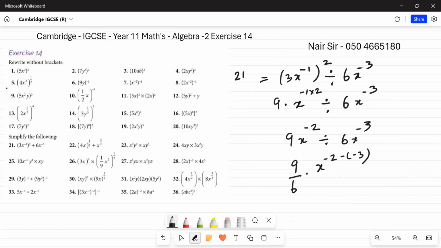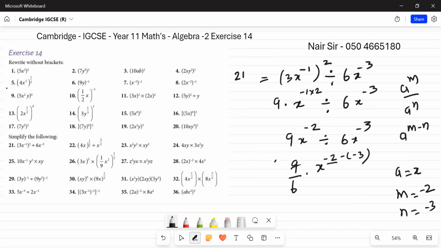Okay, this will be 9 upon 6 multiplied by x raised to minus 2 minus of minus 3. What formula am I using? a raised to m upon a raised to n is a raised to m minus n. Okay, what is a in this equation? a is x, m is minus 2, n is minus 3. So look at this, m minus n. So what do I get?